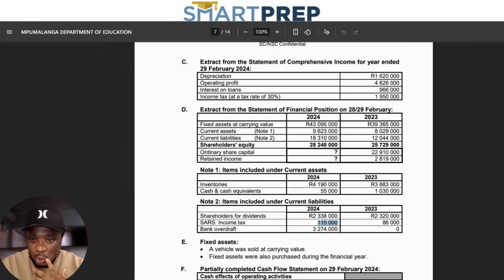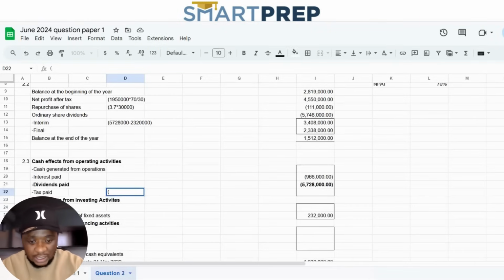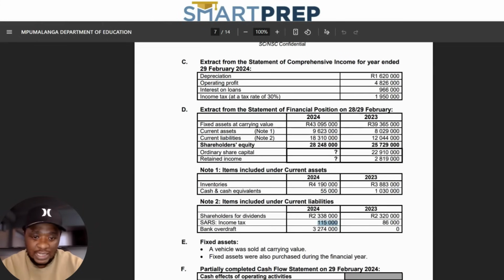All right. So to start off, we look at the 86,000. The 86,000 was owing to SARS at the beginning of the year, so by the end of the year that amount would have been paid. So we say minus 86,000. And then we also just straight up subtract our income tax for the year, which is 1,950,000. Off that income tax of 1,950,000, you can see that 115,000 of it is still owing.